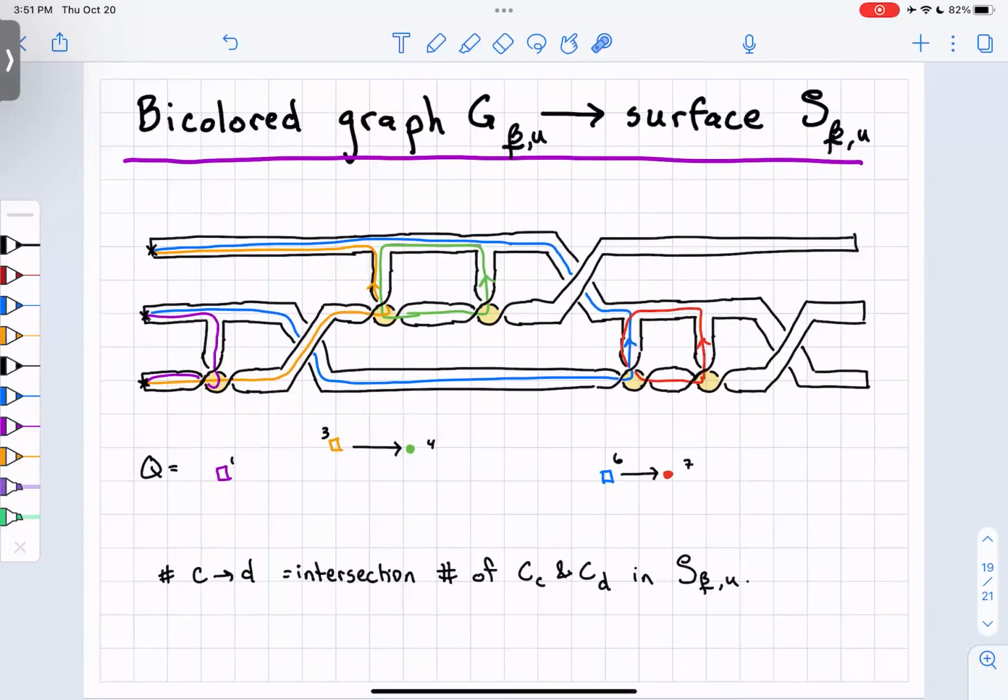Oh yeah, can you get arbitrary quivers? If I take my favorite quiver, can you get it like this? I think you can probably embed an arbitrary quiver into one of these quivers.